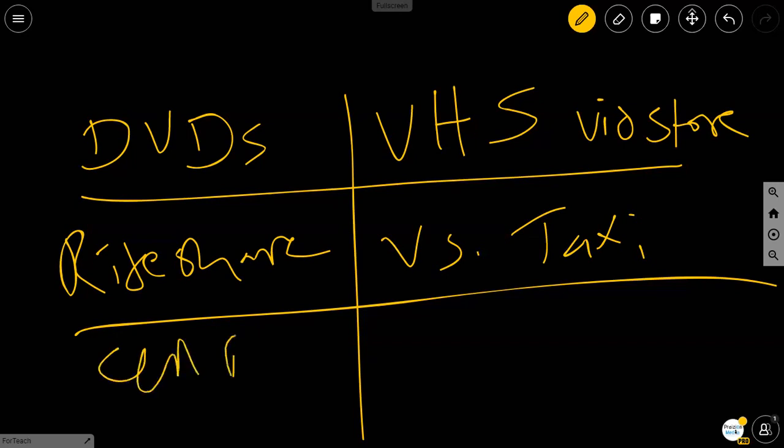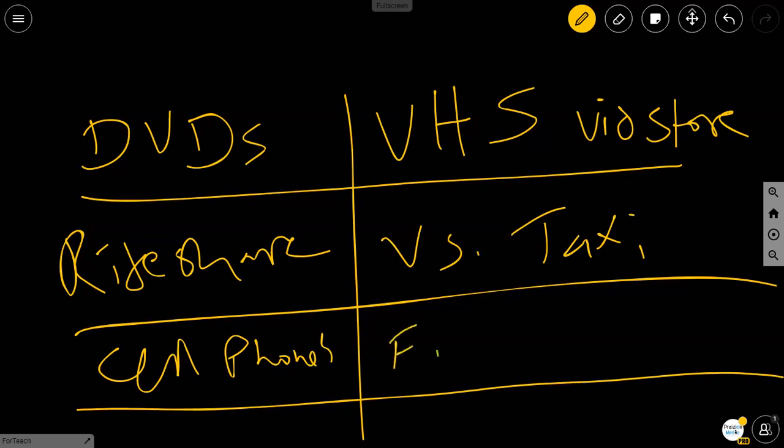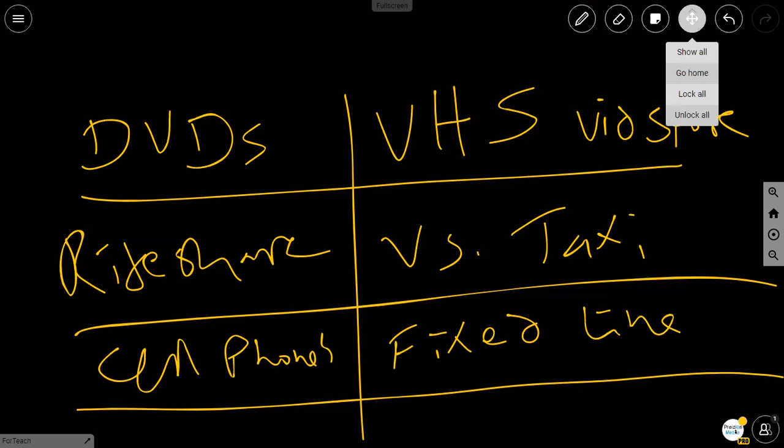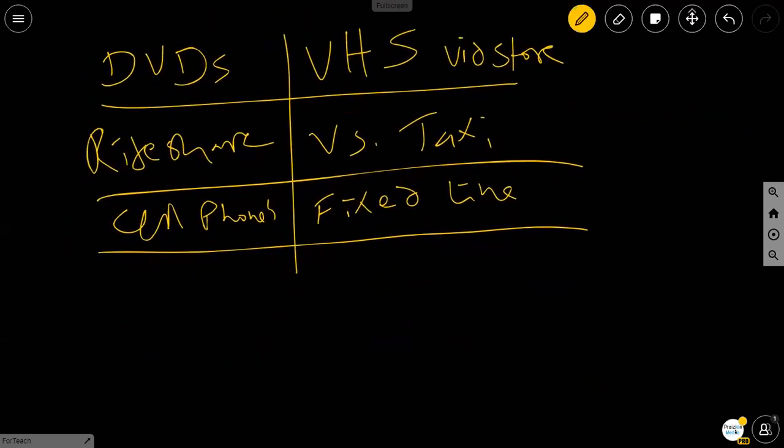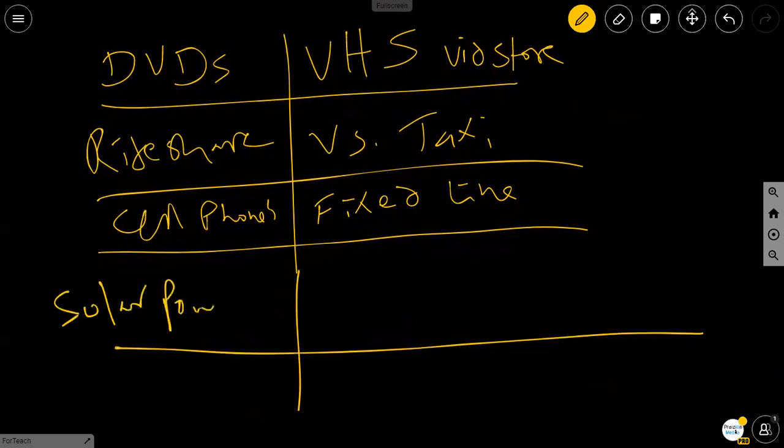What about cell phones disrupting the space of fixed line telephone? Now, while they still exist, their dominance has greatly reduced in the market space. What about solar power versus traditional electricity generation. These are just a few examples of how disruptive technologies introduce a different array of attributes.